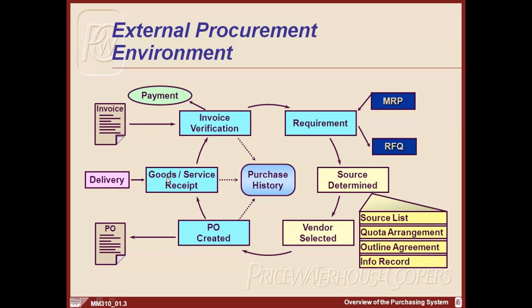The payment takes place upon successful verification of the vendor's invoice. So this is what we call the procurement cycle, purchasing cycle, or P2P, procure to pay cycle. Any questions on this?